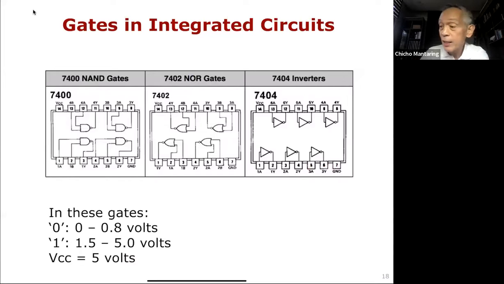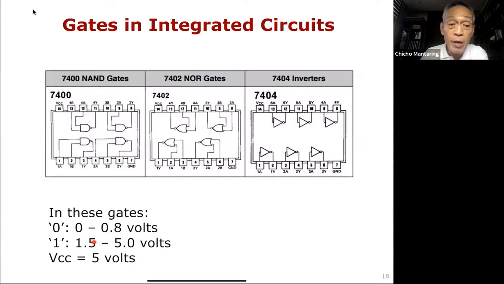And these gates are what we call TTL gates. It's a very old technology for implementing integrated circuits, which we call transistor-transistor logic. Your 0 is anywhere from 0 to 0.8 volts, and your 1 is anywhere from 1.5 to 5 volts. In other words, these are as inputs. If I input anywhere from 0 to 0.8 volts, that would be recognized by this gate as a 0.